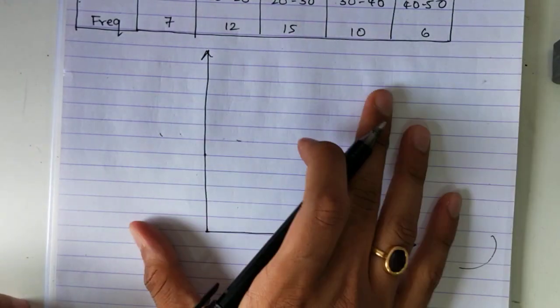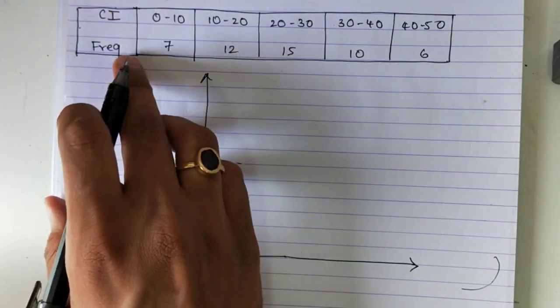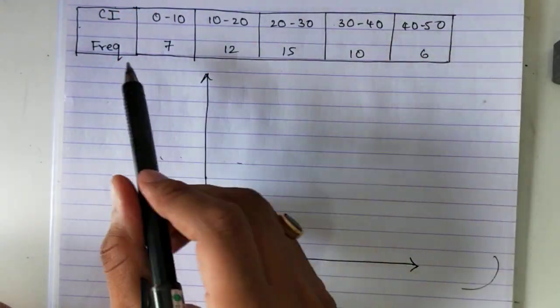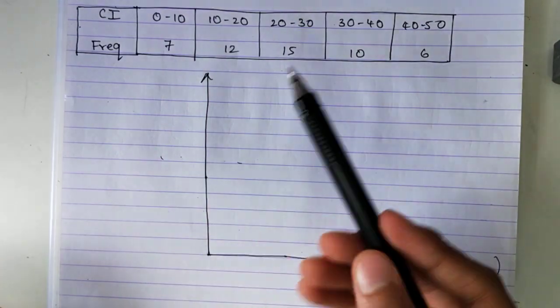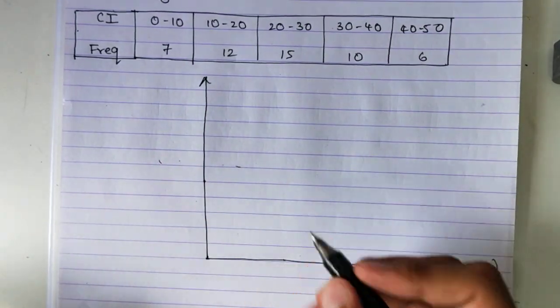I'm drawing this rough work here just to show you this data, to make you understand what is class interval, frequency, and what is a histogram. Then we'll do it fairly in a graph paper.